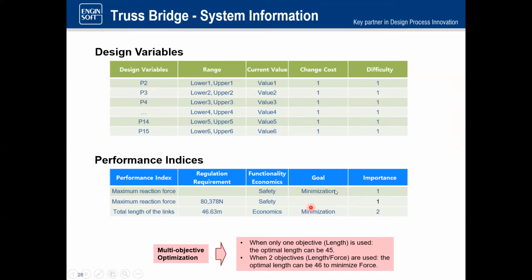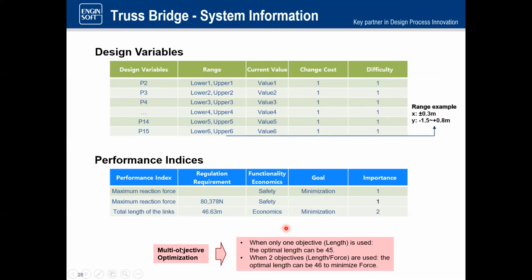So we're going to minimize this reaction force, the maximum reaction force. We don't know ahead of time where the maximum reaction force will occur, so we have to have an expression that will tell us that. And then, as we saw, we can add up the total length of the links based upon the position.